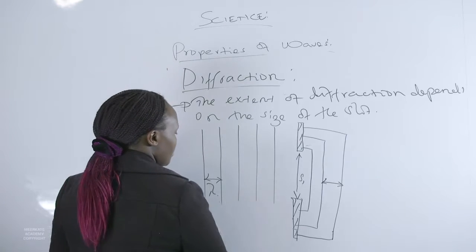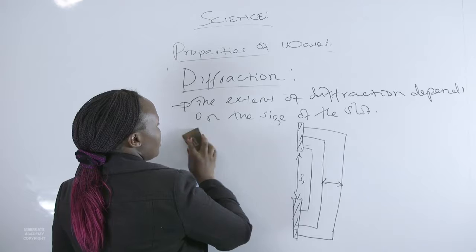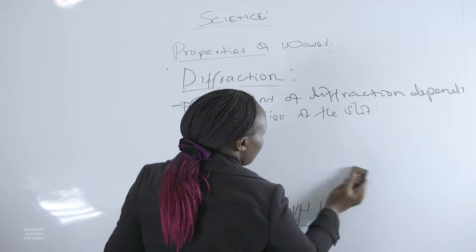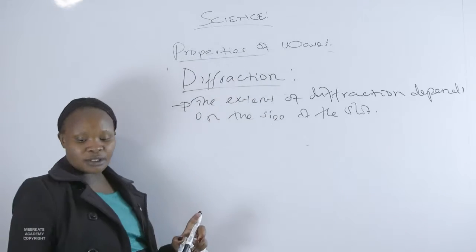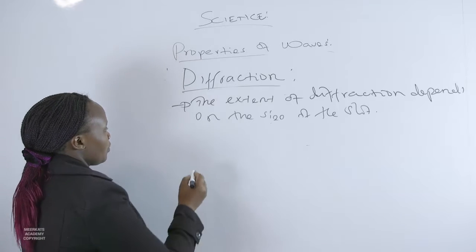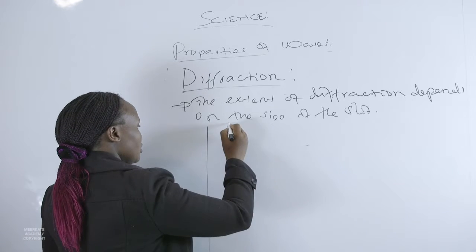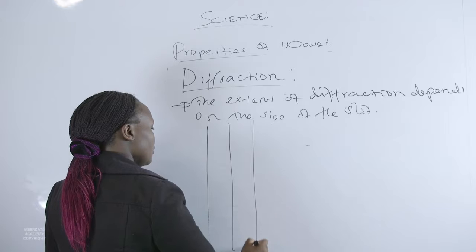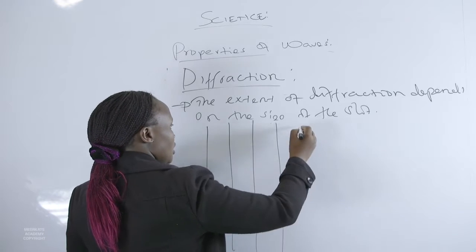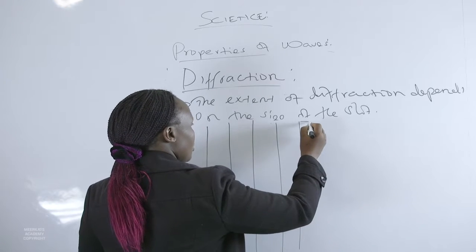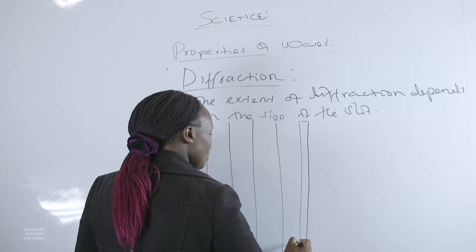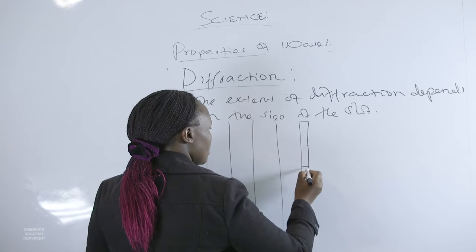Now, if we consider the same wavefronts going through a very small slit, so that now we have the same plane waves, and we have a boundary with a very small slit here.